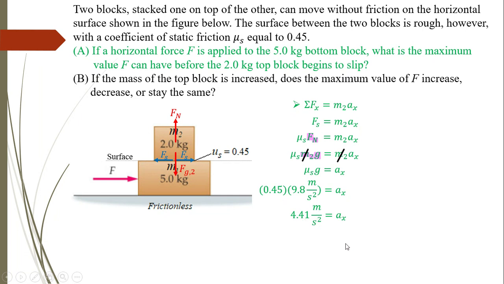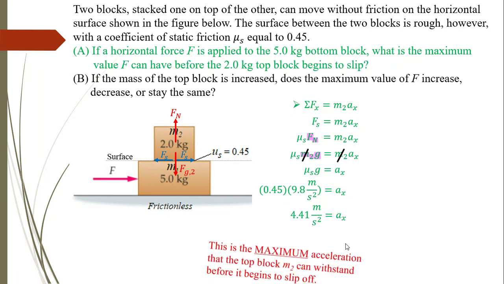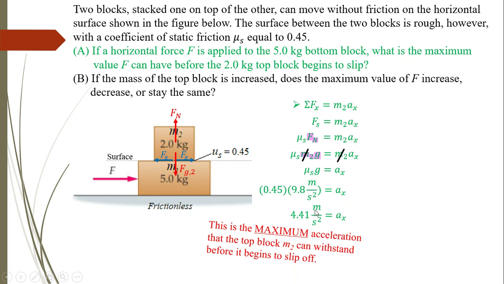Okay, but as you practice stacked box systems, you have to interpret information correctly. What did I just find? I just found the acceleration of the top block. So to me, this 4.41 meters per second squared is the maximum acceleration that the top block, aka M2, can withstand before it starts to fall behind.